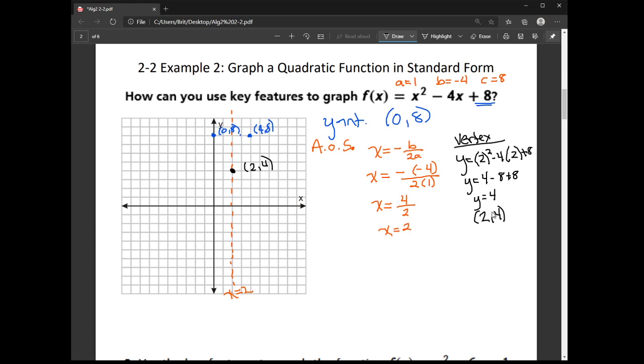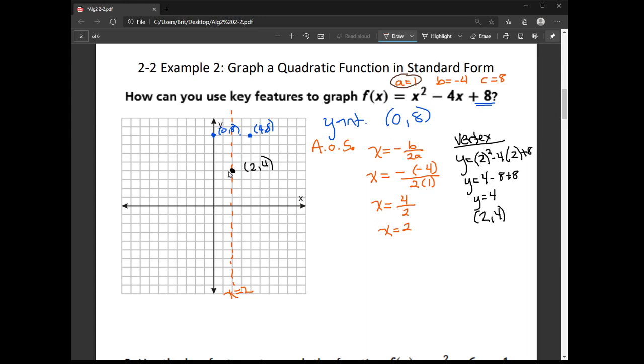Alrighty. Now I usually want 5 points when I go to graph a parabola. So if you notice, I'm missing another 2 points. Another way to get an easy couple of points is using this a value. So recall that the a value tells us how much the parabola moves up or down when I go 1 unit to the side of the vertex.